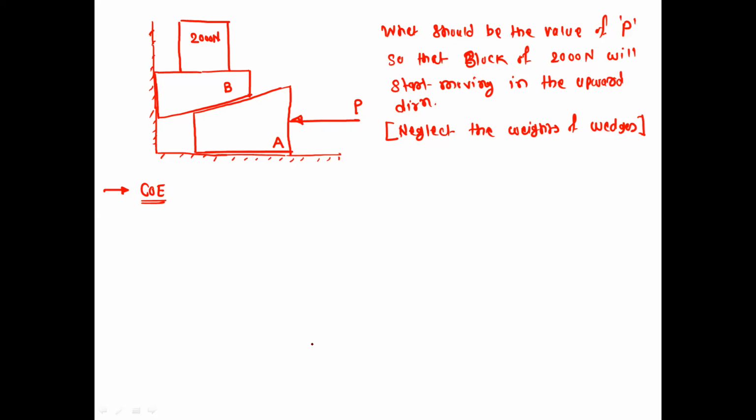If we draw the free body diagram for wedge A, this is the external force P. The impending motion for wedge A is towards the left side. So this is the direction of the impending motion.